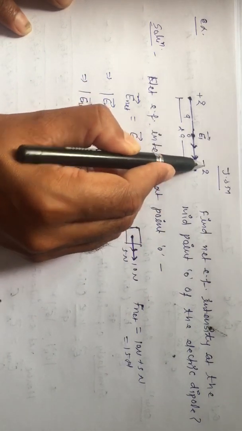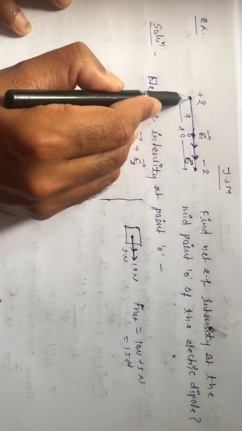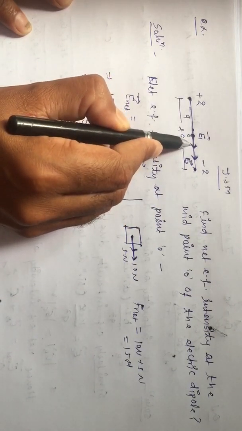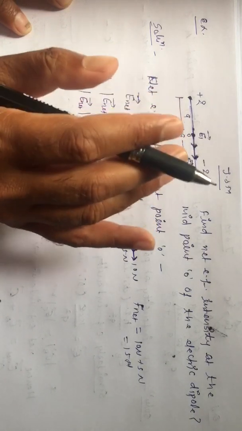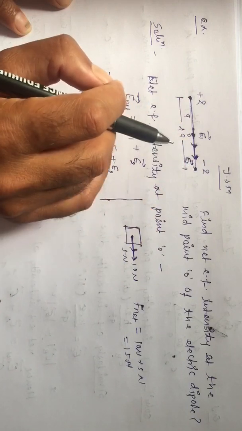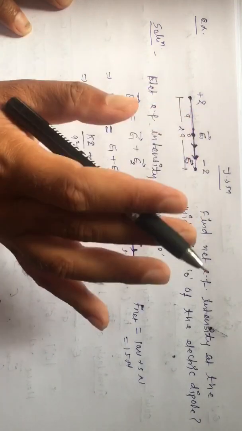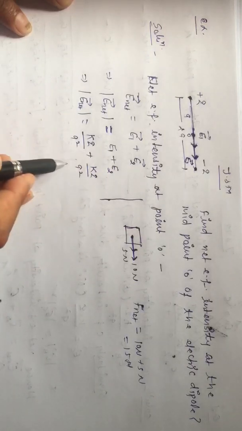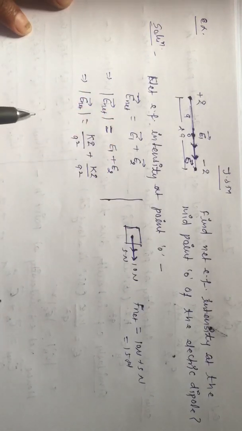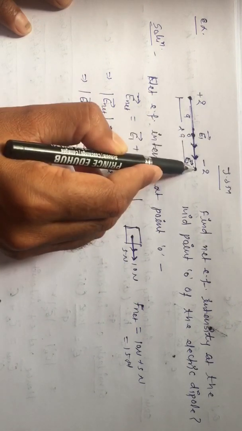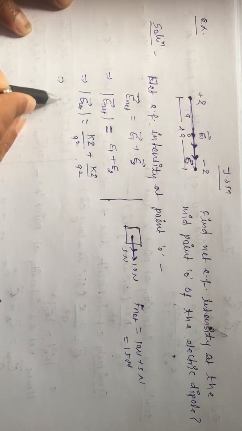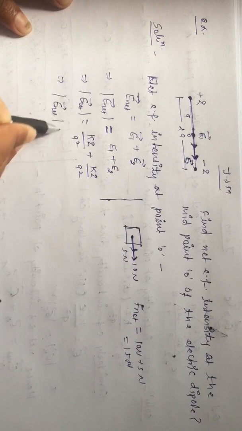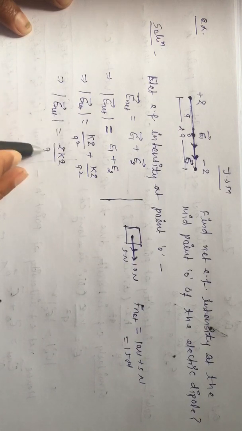The minus sign affects the direction: away from positive charge, towards negative charge, as we discussed at the start of the chapter. Negative sign does not affect the magnitude. Clear? So the magnitude of net electric field intensity becomes 2KQ upon A square.